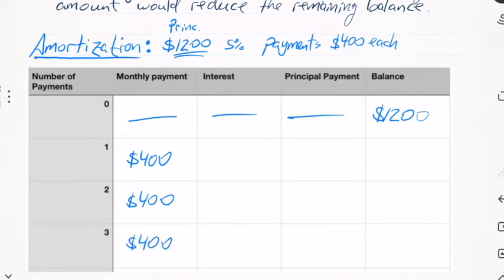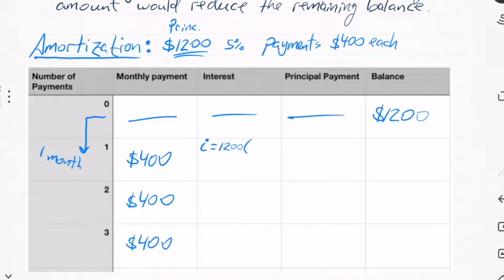And then to find the interest, the U.S. rule says to pay the interest to date. So if we are making this a monthly payment, then the amount of time that went from 0 payment to 1 payment is 1 month. So when we do our interest, it's going to be interest for 1 month. I'm not going to write out the formula: P is $1,200, that's our balance.